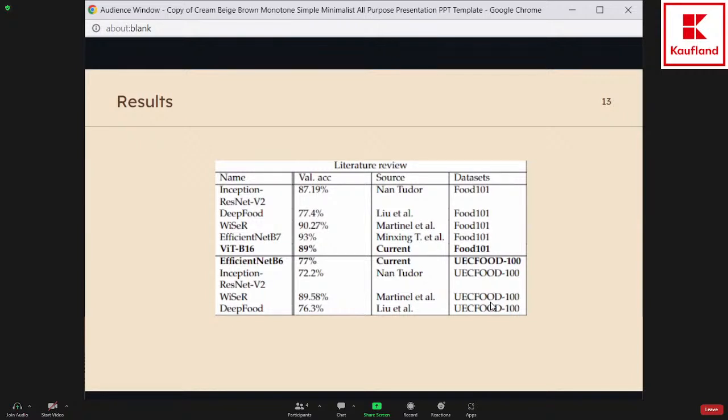And if we go to the big ones, with WISeR and EfficientNet B7, we can see that we are close to WISeR, but pretty far from EfficientNet B7. As for the WEC multi-label problem with 100 classes, we beat the Inception ResNet done by Tudor and beat DeepFood by a small margin, but we couldn't compete with WISeR at all.